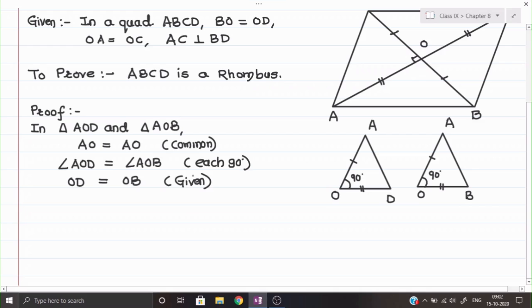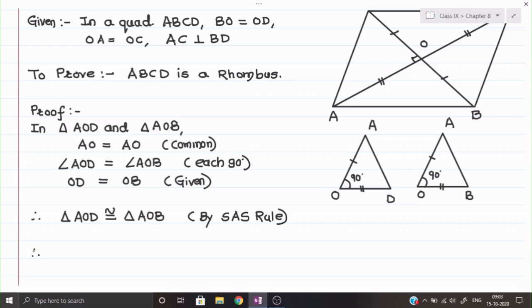Okay, so we can say that therefore triangle AOD is congruent to triangle AOB. Here the reason we can write down is the side angle side rule. Now see, if these two triangles are congruent, then the corresponding sides will be equal.